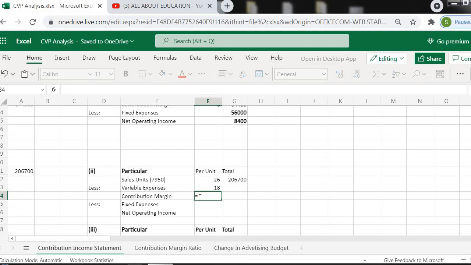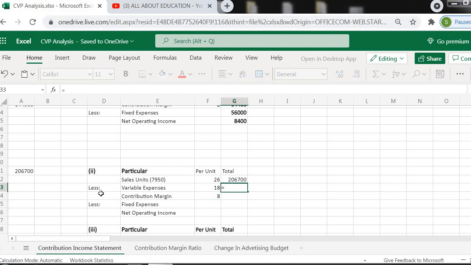To calculate contribution margin per unit, we have to deduct variable expenses per unit from sales per unit. So what we get? 8, right?